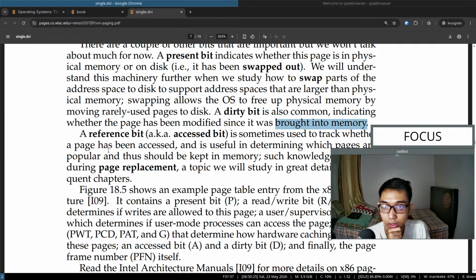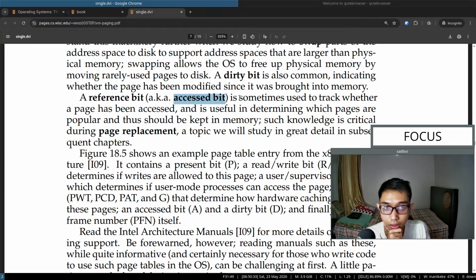Okay. And there's also reference bit, also known as access bit, is sometimes used to track whether a page has been accessed. Oh, a page has been accessed, and is useful in determining which pages are popular and thus should be kept in memory.